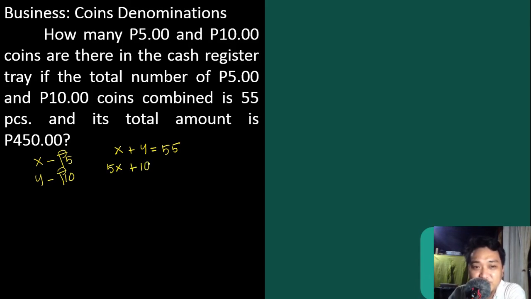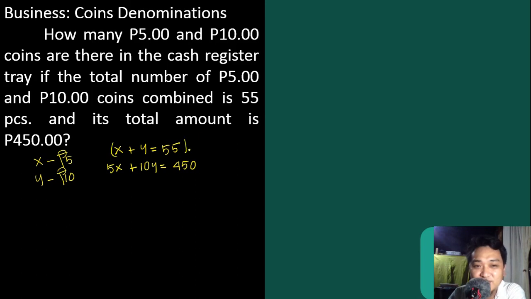So, 10 piso, tapos kung ilang piraso, that is y. So, 5x, makukuha natin yung total amount nung tagli 5 piso at saka yung 10y, makukuha natin yung total amount ng tagsa 10 piso. Combining this total, that is worth 450 pesos.